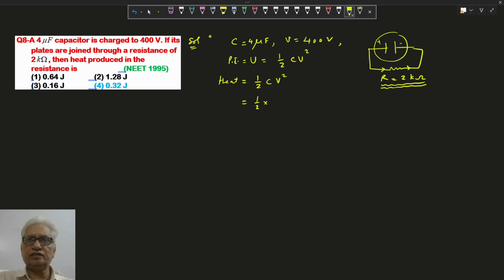The values of C are 4 into 10 to the power minus 6 and V square, so the answer here is 32 multiplied by 10 to the power minus 2, 40 cancels and 0.3. So here option 4.